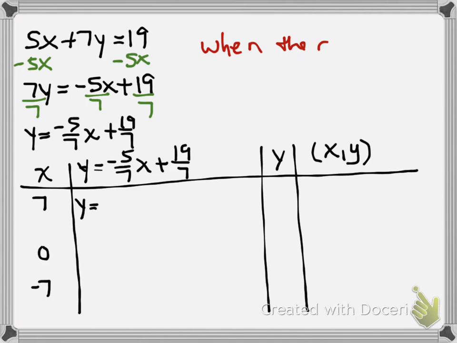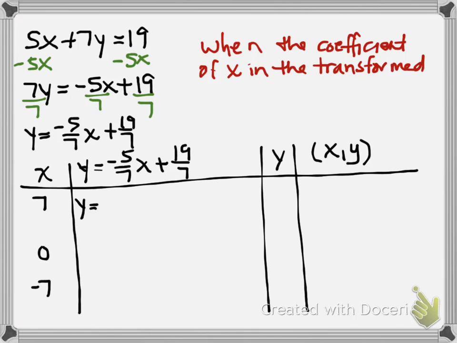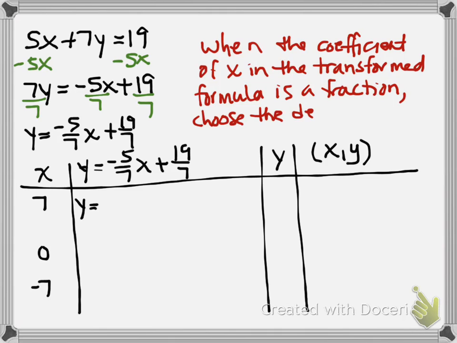When the coefficient of x in the transformed formula is a fraction, choose the denominator, both positive and negative, as an x value.